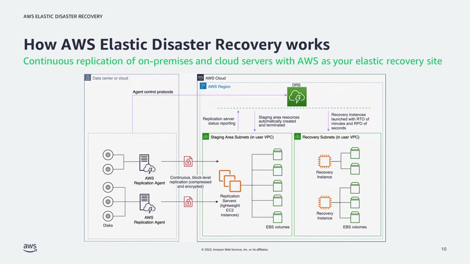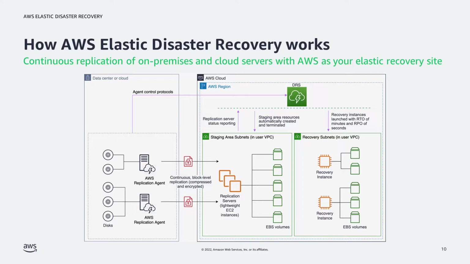And when we're ingesting that data, we are creating EBS volumes. Now, there is a target line of costs. We are leveraging EBS volumes when we are in that staging area. There is a ratio that I would like to remind you of: for every 15 volumes replicating from the source, we will only spin up one T3 small replication server.